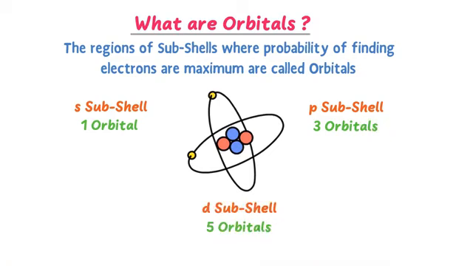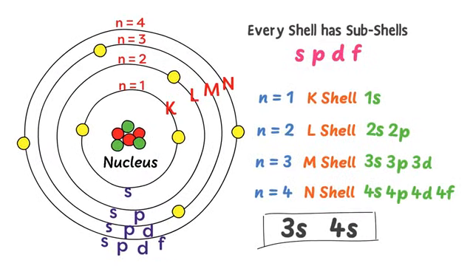To summarize my lecture, we learned that there are different shells around the nucleus, like when n is equal to 1, it is the K shell, and it has one subshell, 1s. When n is equal to 2, it is the L shell and it has two subshells, 2s and 2p.